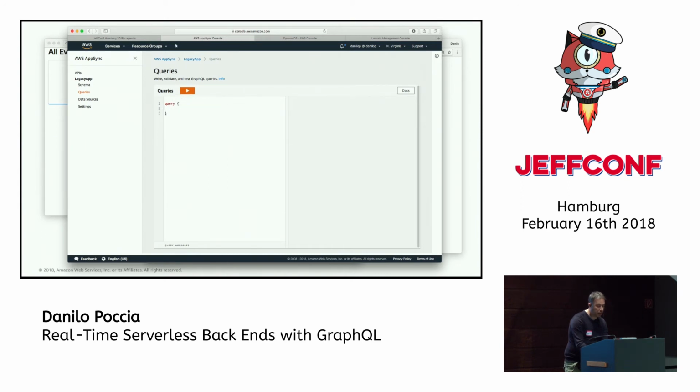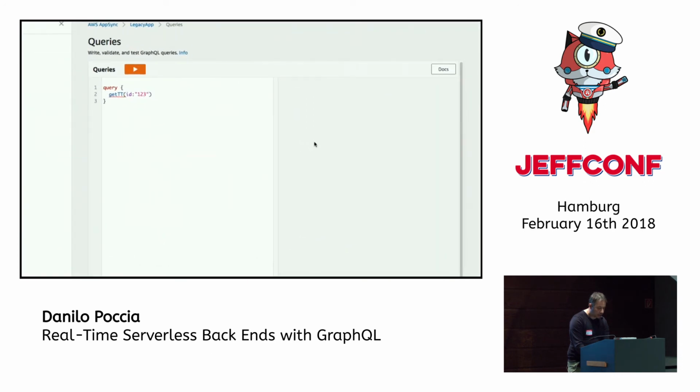So this query will not go to a DynamoDB table, it will go to a Lambda function. For example, I can get a TT, so a trouble ticket. I can give an ID. Let's say that the ID is 123, so let's zoom a little bit. And this is called in the Lambda function, and I get the trouble ticket. Let's say that I want to know the title and the description, if any.